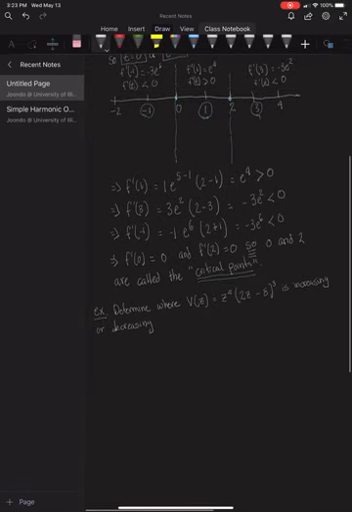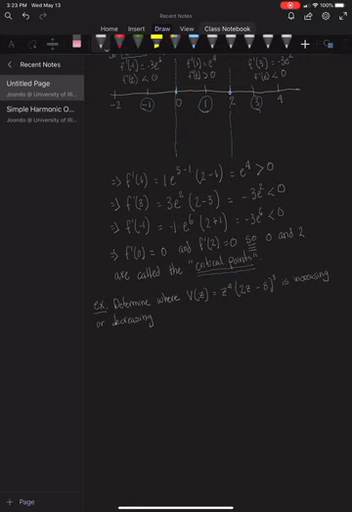Okay, so similarly, we start by taking the derivative. So we say dv/dz is equal to 4z cubed times (2z minus 8) cubed plus z to the fourth power times 3 times (2z minus 8) squared times 2, right?